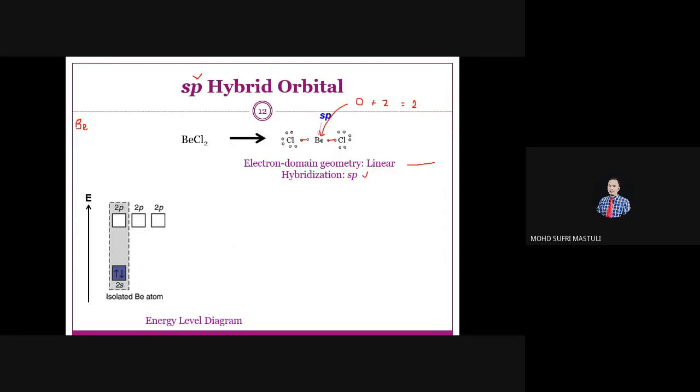From the periodic table, we know the total number of electrons of beryllium is 4. We write the electronic configuration first. Beryllium is 4, so it means 1s2, 2s2. So this is the valence electron of beryllium.